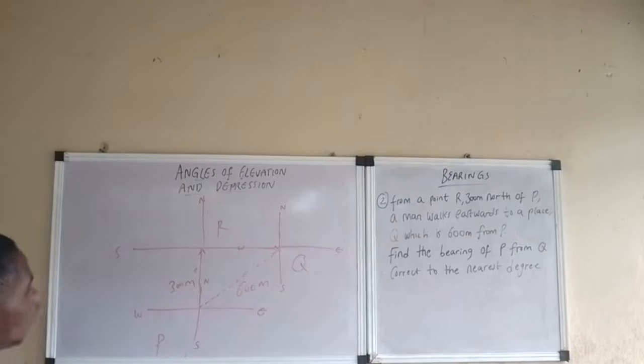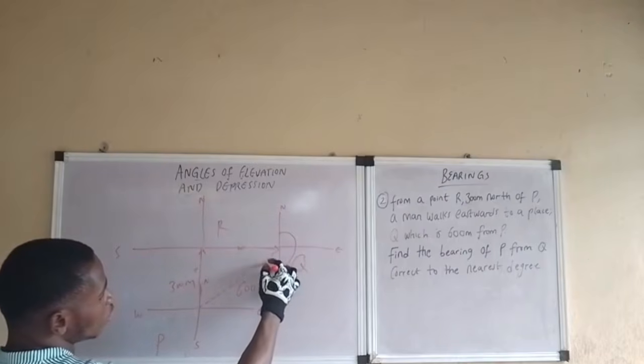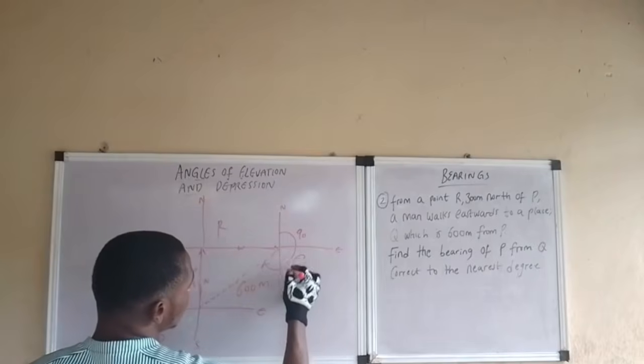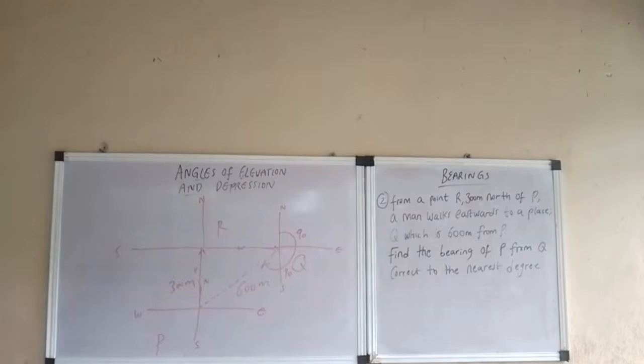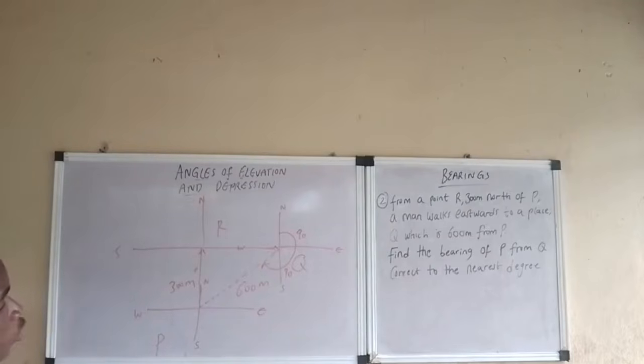The bearing of P from Q is all the angle starting from here, like this, up to this position. So this portion is already 90. This portion is 90. We need to find what this other portion is. Once you can find that, you can tell what the bearing of point P from Q is.